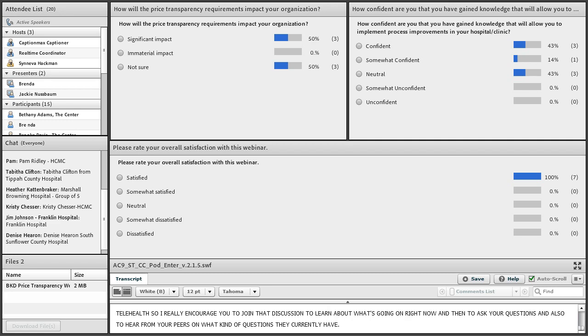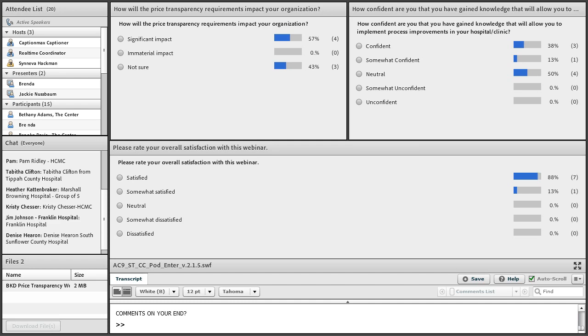So they'll be there to go over some of that information, as well as answer any questions that any of the sites have on telehealth. I'd really encourage you to join that discussion and forum to learn about what's going on right now, to ask your questions, and also to hear from your peers on what kind of questions they currently have around telehealth.